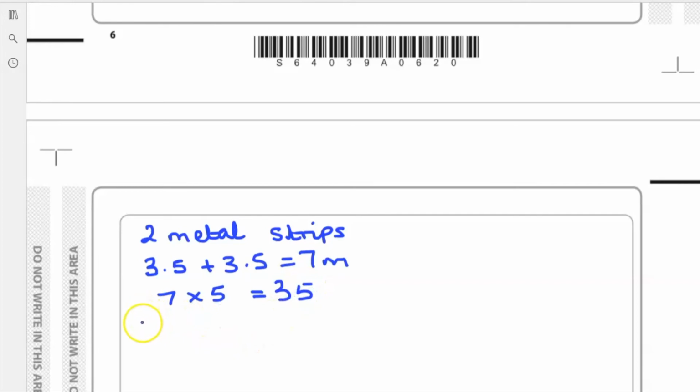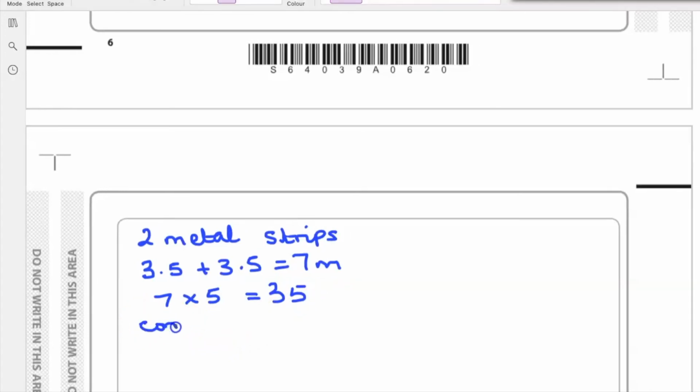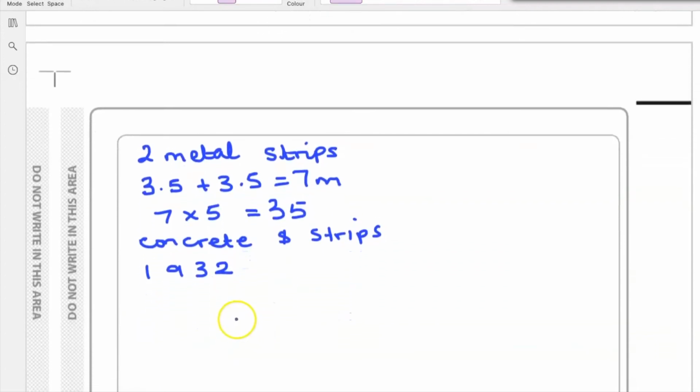So for both concrete and strips, we have 1932 add 35.